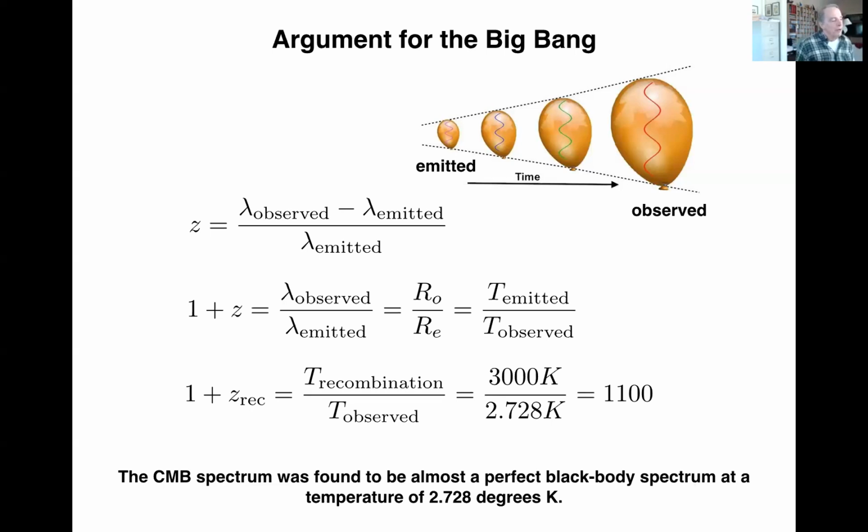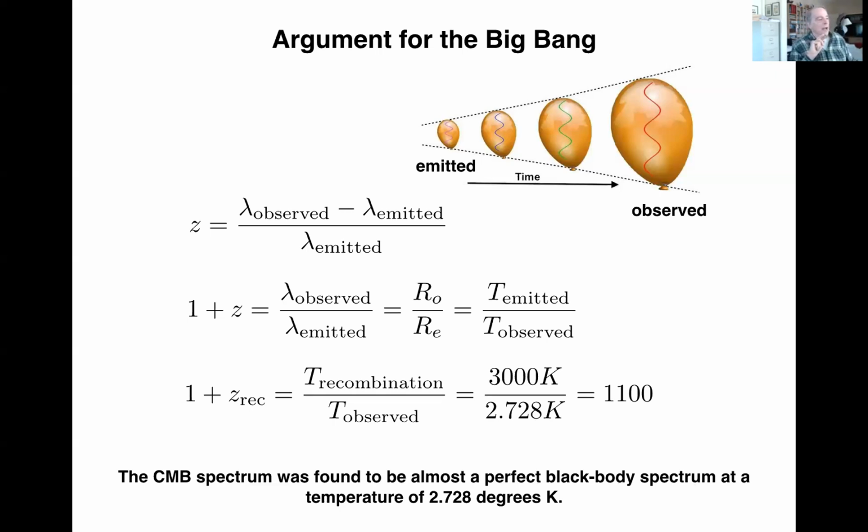A few times I will refer to, once or twice maybe, the redshift parameter Z, and that just refers to the observed wavelength of a photon minus the wavelength it had when it was emitted, over the wavelength when it was emitted. So it's a redshift factor, it tells you how much the photon was redshifted.